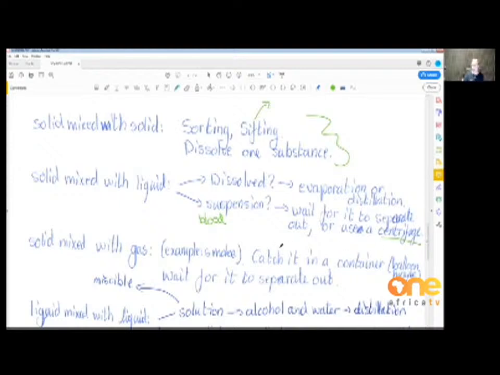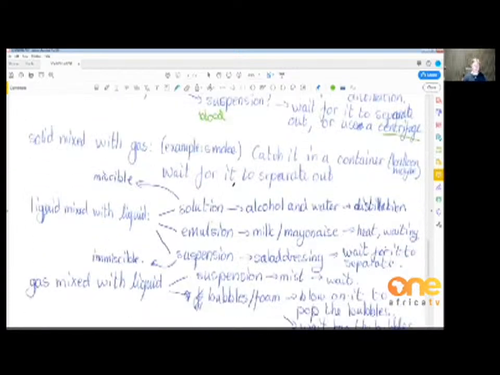So centrifuges are one of the biggest discoveries in science. It literally enabled almost all of the laboratory tests that happen on blood or any other bodily fluids in order to take place, so that they can diagnose illnesses or help treat people. Solids mixed with gases.